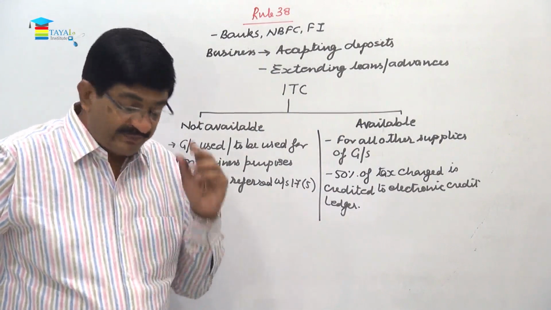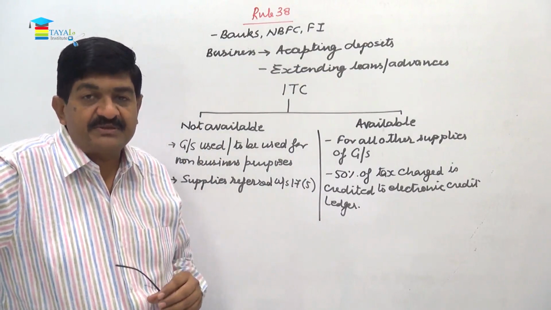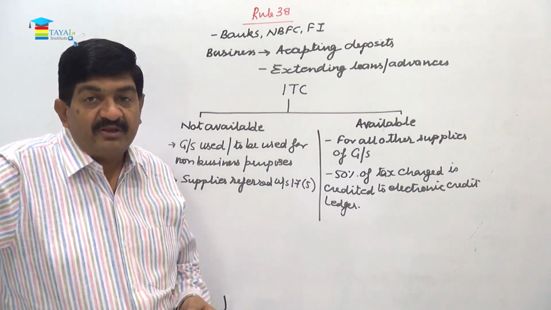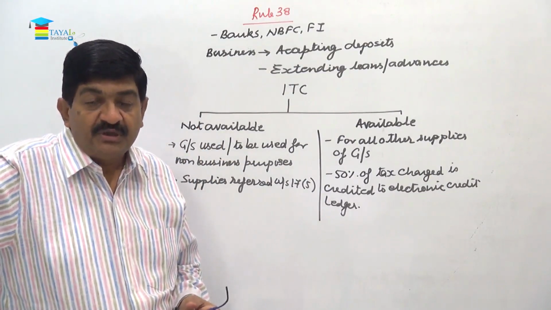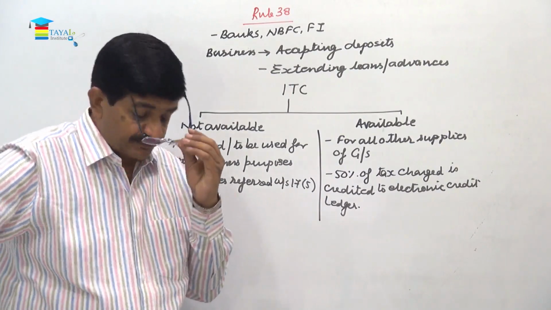But one more thing, when the credit is transferred from another place of business, and it will be only in case of input service distributor, then it will not be reduced by 50%.